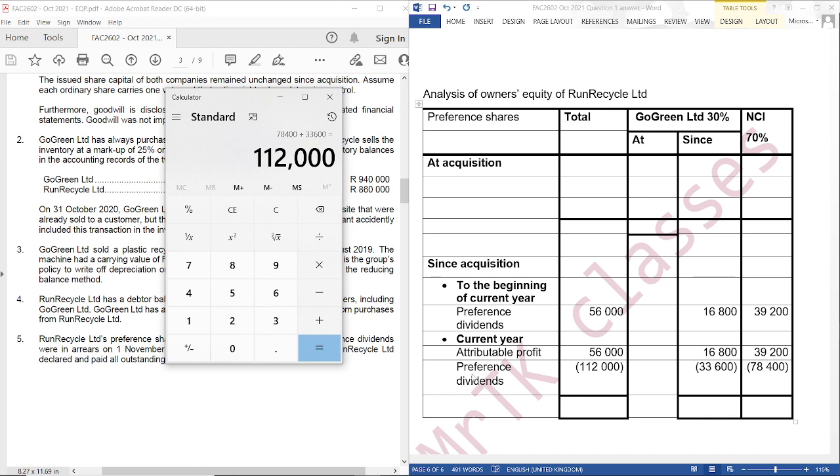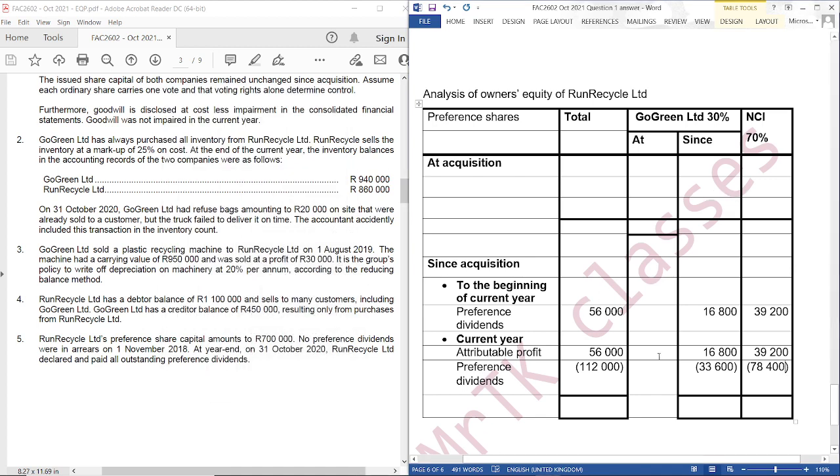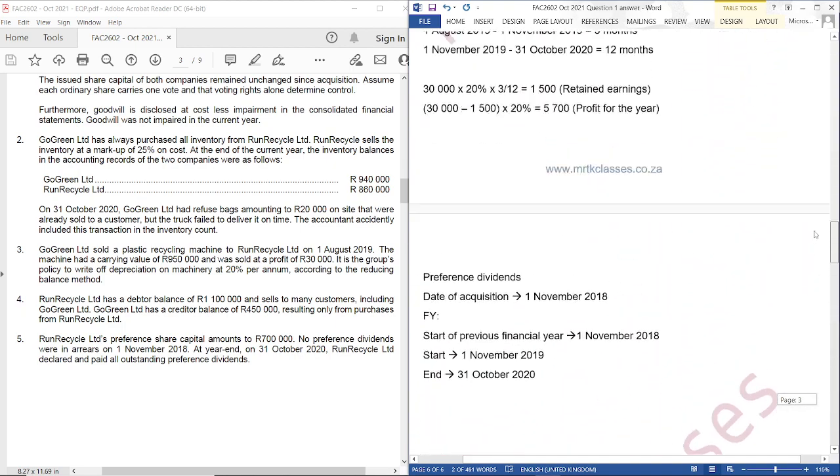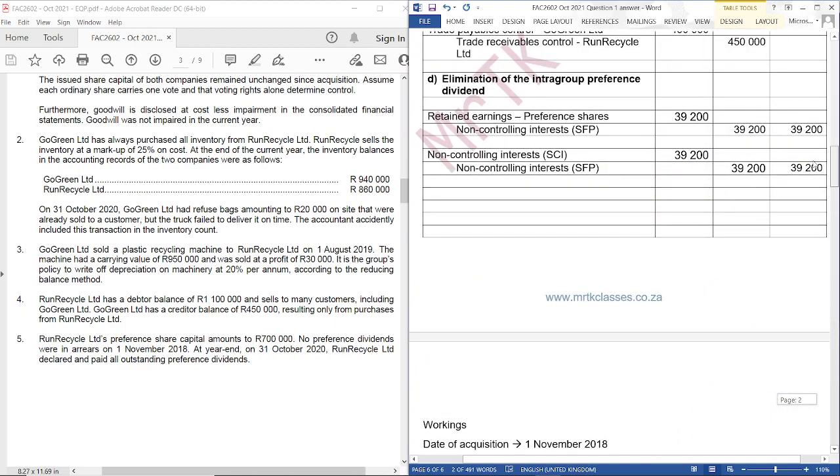So now we need to journalize this. 33,600 was paid to the parent, right? So this is an intra-group transaction. We are going to eliminate that by debiting dividends received, that amount.